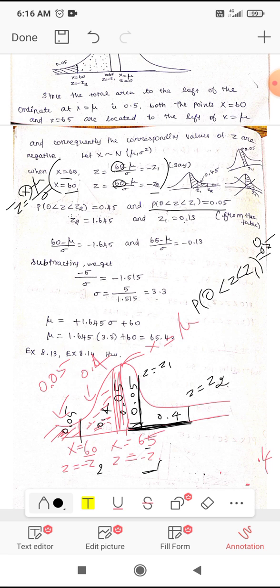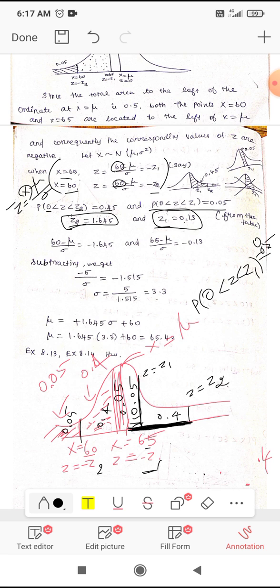And the total value from 0 to z2 is nothing but 0.45, since we have to add these two values. So the probability for z2 is 0.45. From the table we can find the values of z1 and z2.